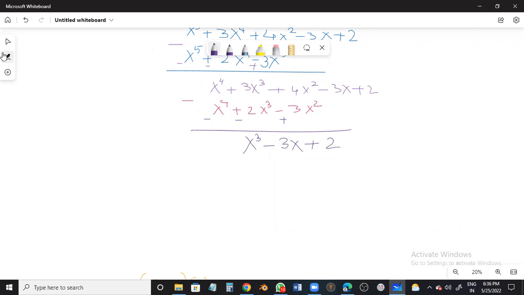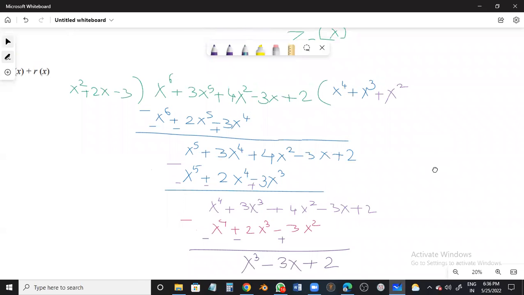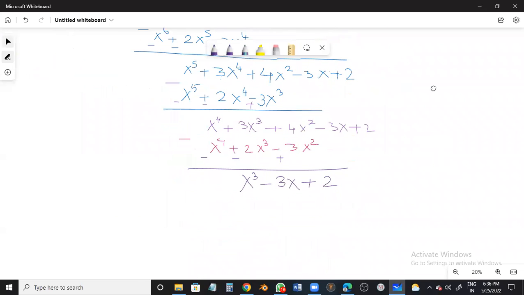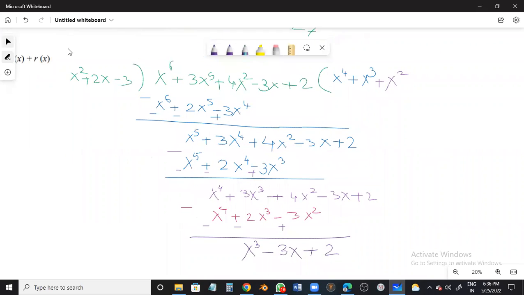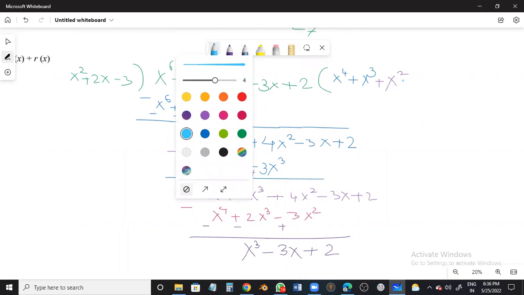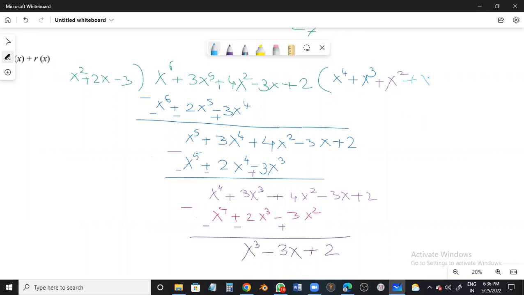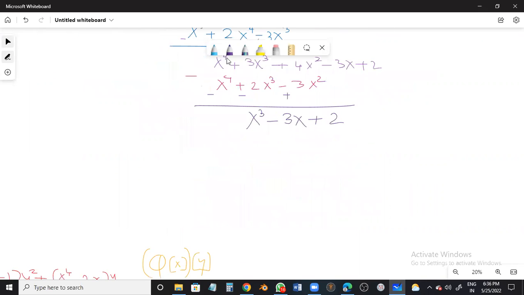Now let us once again go to our divisor, x square plus 2x minus 3, and we need to have plus x. What will this plus x produce? x cube plus 2x square minus 3x.